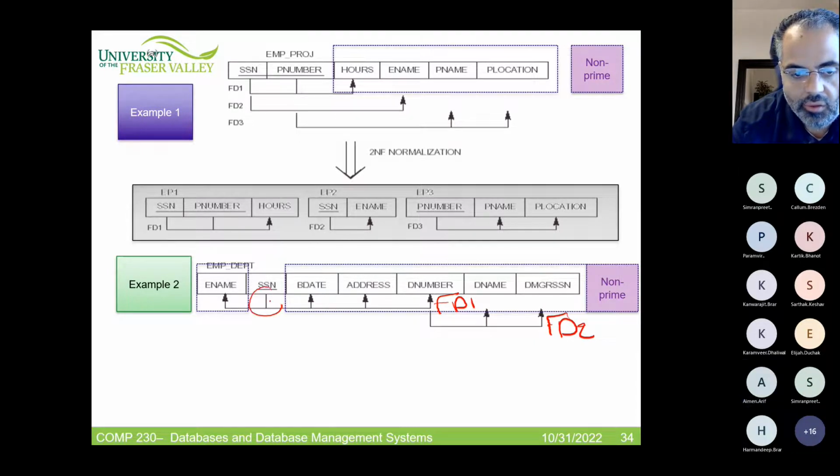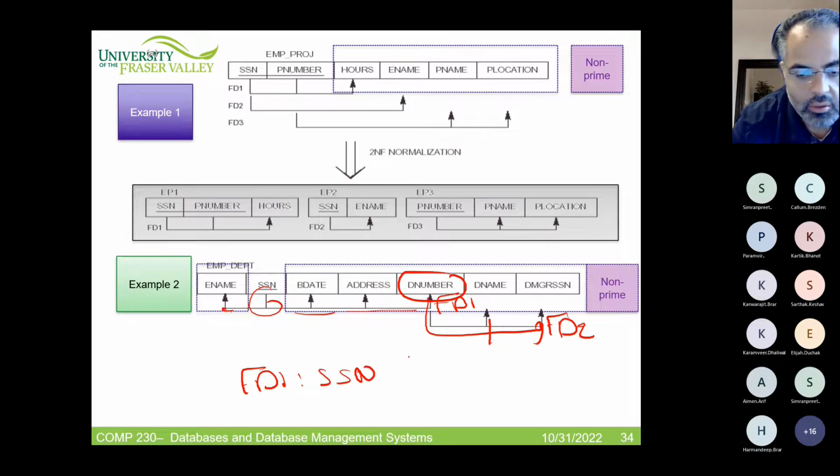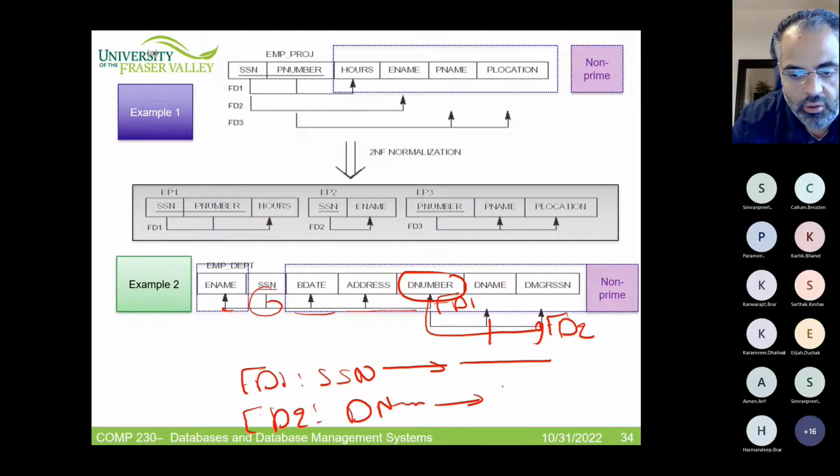Here, the SSN will give all this, and here we have this give the other two. So the first one is SSN gives the other, and the second one, we have D number gives D name and DMG RSN. Is it correct? Yeah.